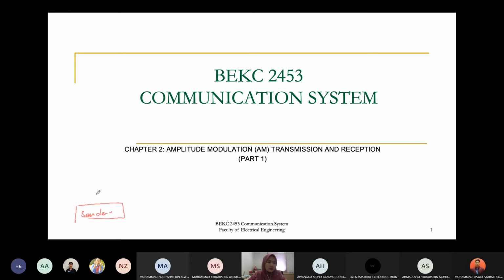So you have the sender, and then the sender will send the information, and then it will go to the modulator. After the modulator you have the transmitter. And then you have the channel. After the channel you have the receiver.